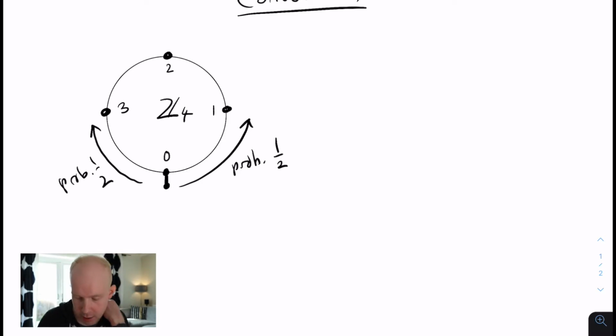That was the basic random walk we started to consider, where we move right or left depending on the outcome of the throw of a coin.